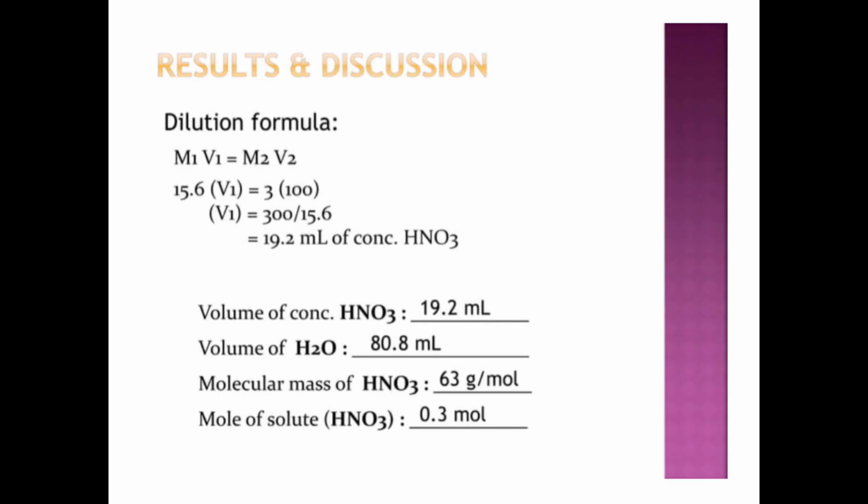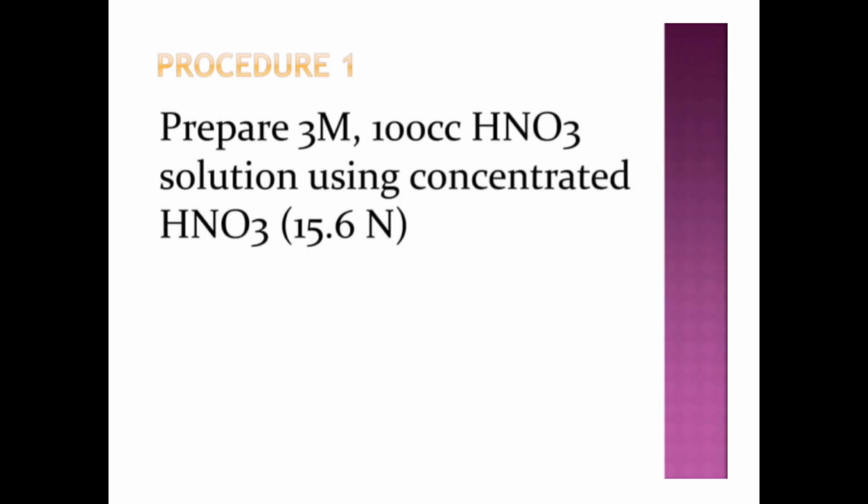Now, if you go back to the question, it says 3 molar. So the final one is 3 molar because you have to prepare 3 molar. So that's your M2 is 3 molar, and then your V2 is 100 centimeter cube.